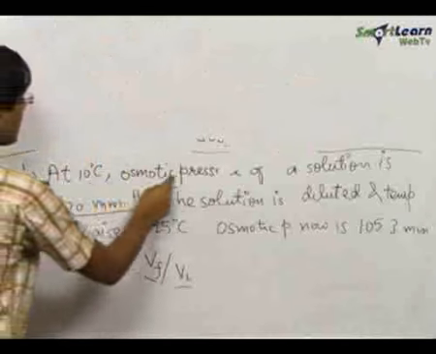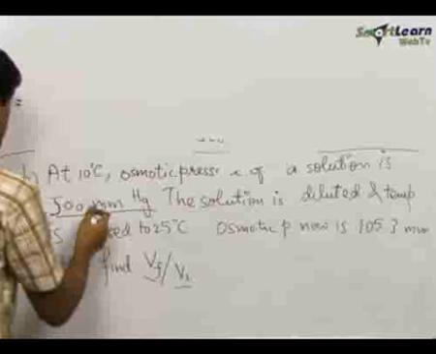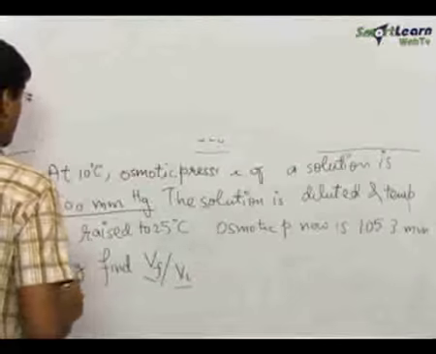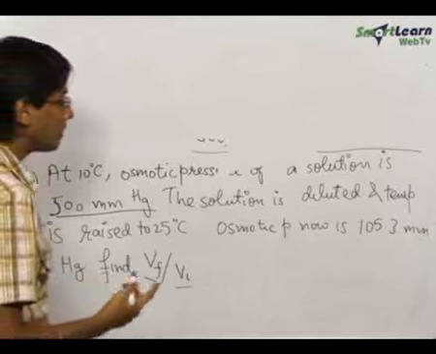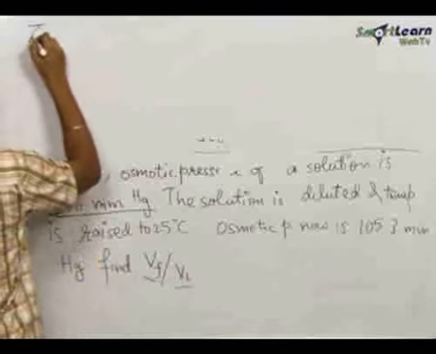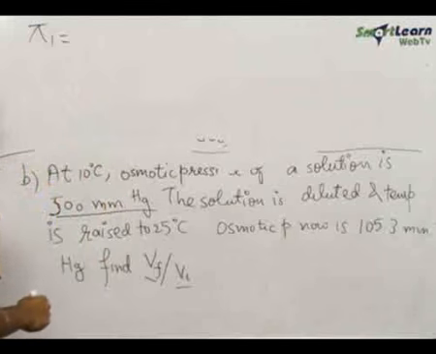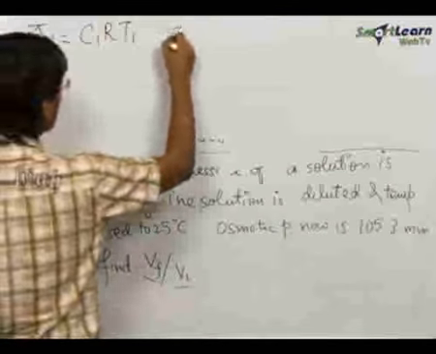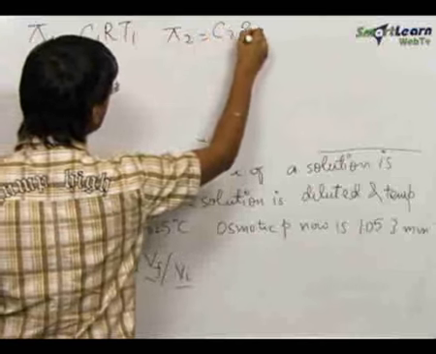it is given that at 10 degrees centigrade the osmotic pressure of a solution is 500 mm of mercury. So let us say if the initial concentration was C1 and finally the concentration becomes C2, so pi 1 is equal to C1RT1 and pi 2 is equal to C2RT2.